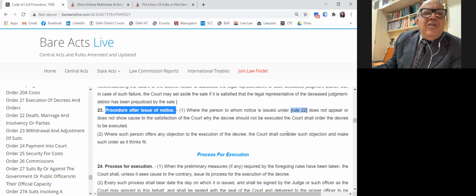That means it is open for him to take up the plea that the court has no jurisdiction, that the decree suffers some nullity, that this court is not competent. Under section 47 में पढ़े हमने, all objections can be raised, and he can take up the plea that this property cannot be attached, it is coming under the exemption clauses. Why arrest cannot be effected?